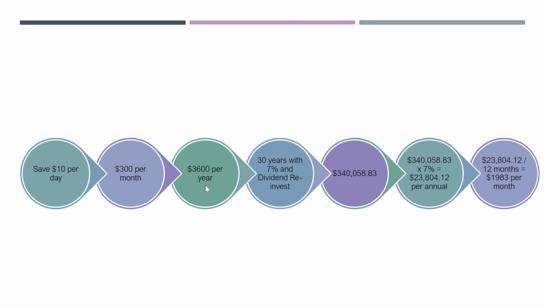So you invest $3,600 every year in the REITs, and after 30 years with a 7% return and dividend reinvestment, you will have about $340,000 in your portfolio. Multiply that by 7%, and you will have $23,000 in dividends per year. $23,000 divided by 12 months, you have about $2,000 per month, which is not bad.